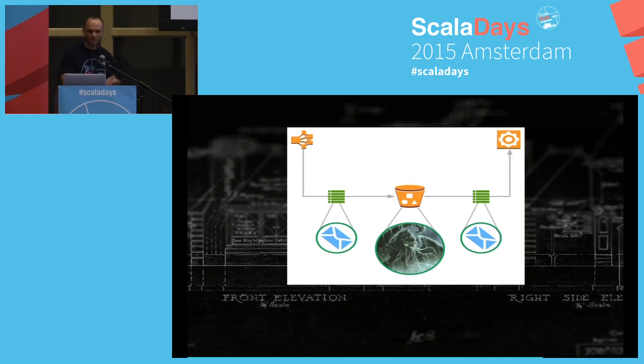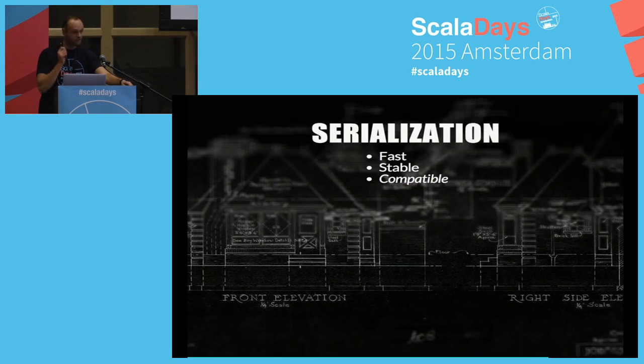Now, in this particular app, the Akka cluster is running Scala 2.11, and the Spark code is running Scala 2.10. And all sorts of interesting things happen when you do that. So we need to find serialization that is fast enough, that's stable, meaning if I change a tiny detail in my case classes, it should still hang together. And the killer, particularly when it comes to Spark, is that it wants to be compatible.